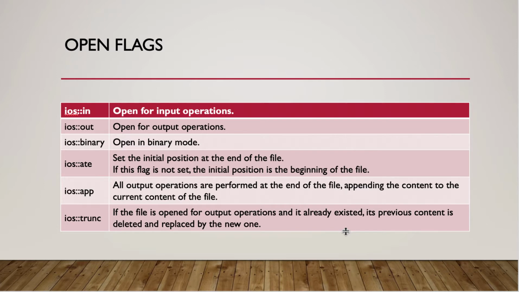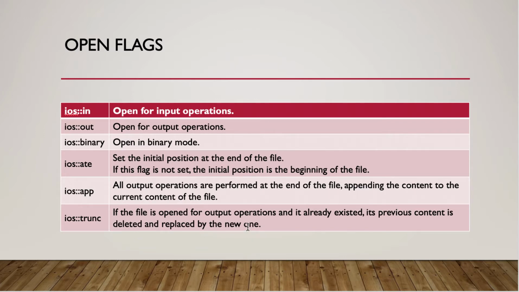Let's say you already have a file that is keeping the information about a project and you want to add more information to the end of the file. You want to make sure nothing is getting overwritten. That's when you use that flag. Or you can use trunc. If the file is open for output operation and it already exists, its previous content is deleted and replaced by the new content. Remember that.